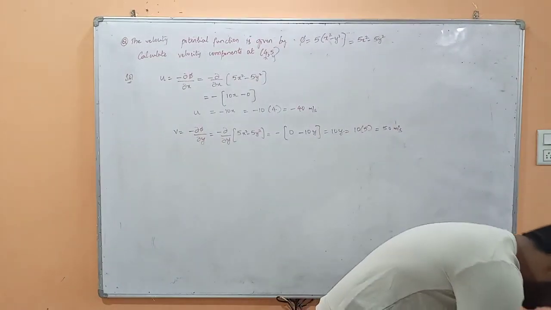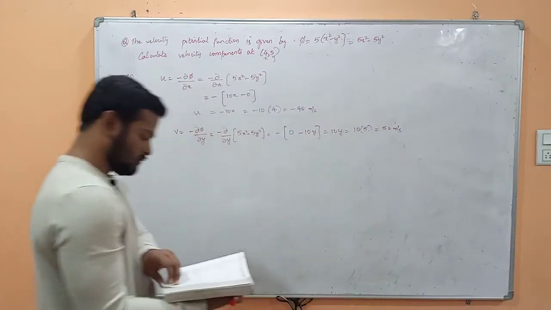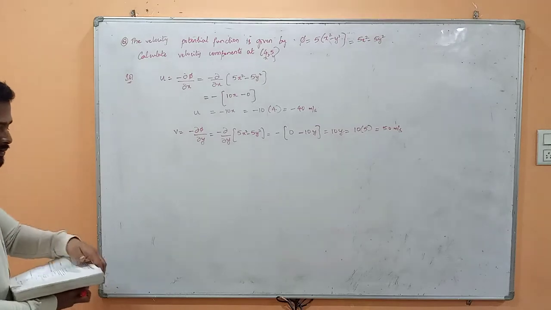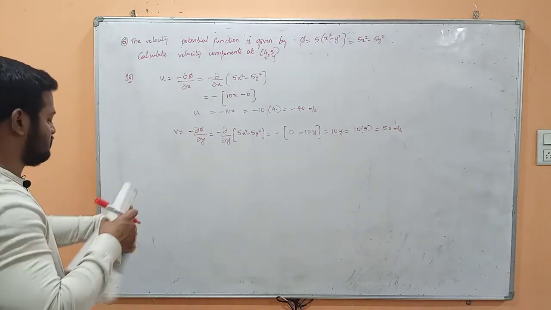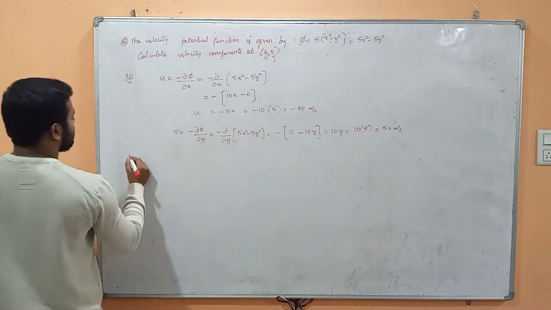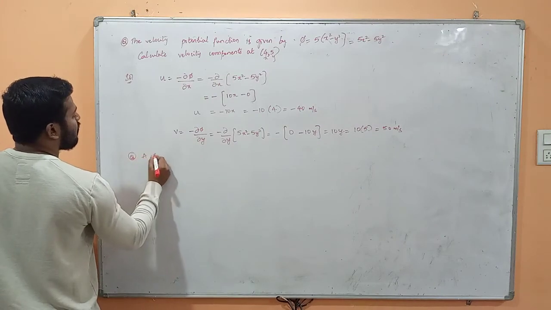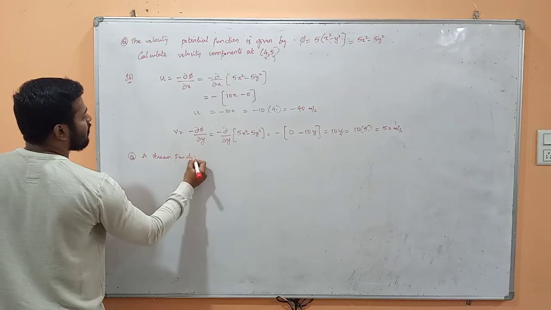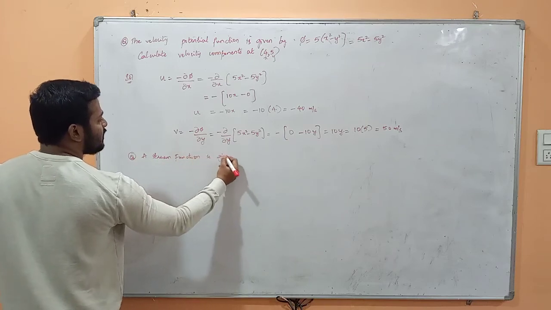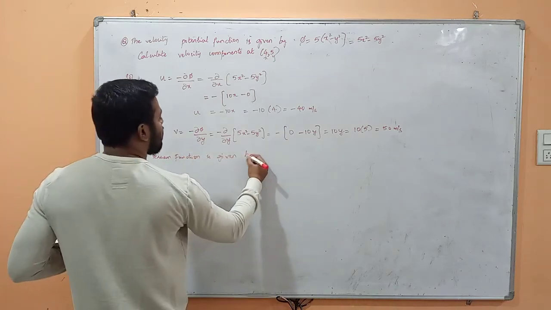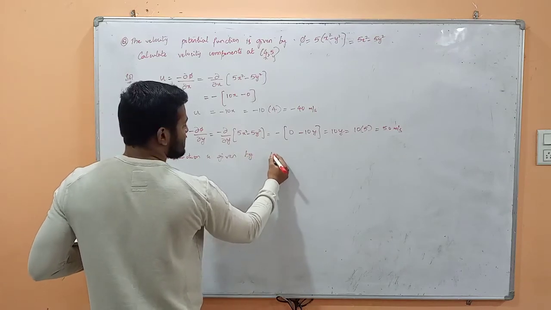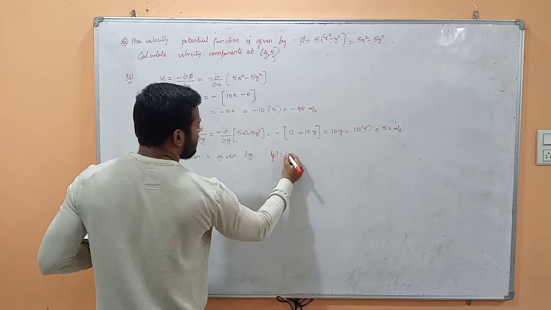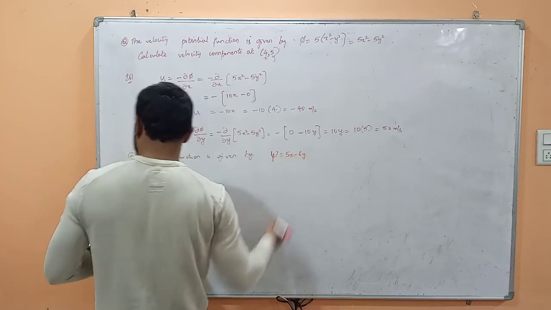I'm going to take the next question. Okay. A stream function is given by psi equals 5x minus 6y.